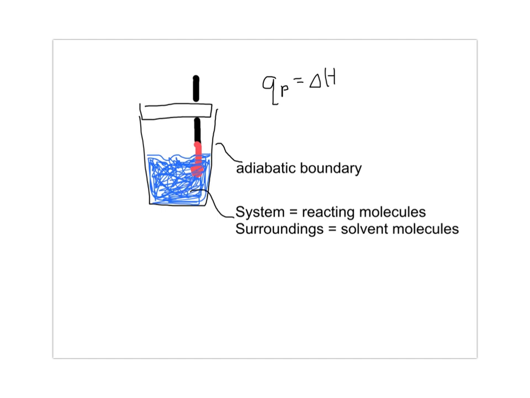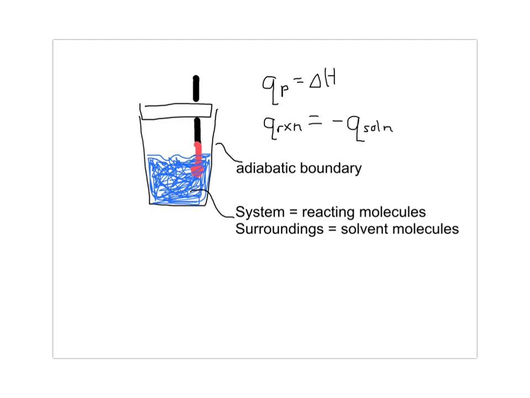The energy that the reacting molecules give off or take in goes to the surroundings, the solvent molecules. And so the energy that is picked up by the solvent molecules as heat is equal and opposite to the amount of energy as heat given off or taken in by the reaction.